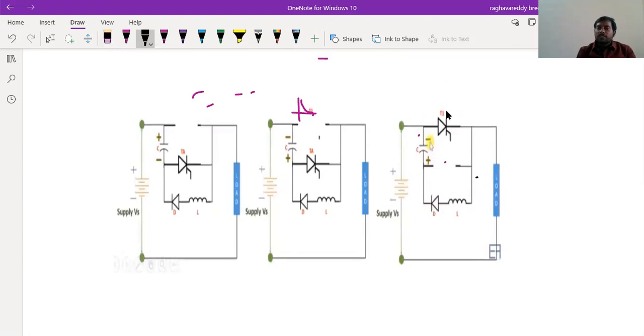If thyristor T1 is turned on, current will flow in this direction to the load, and another path is through the inductor to the capacitor in this path. The inductor will have this positive and negative, and the capacitor, previously having positive and negative polarity, will discharge to the load in this direction, and the capacitor will be charged again with this polarity, positive and negative.